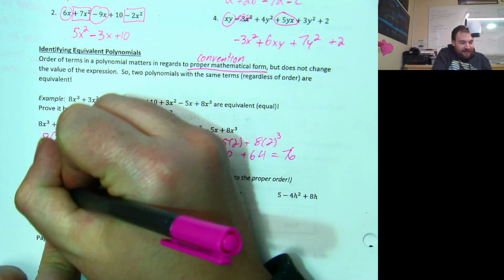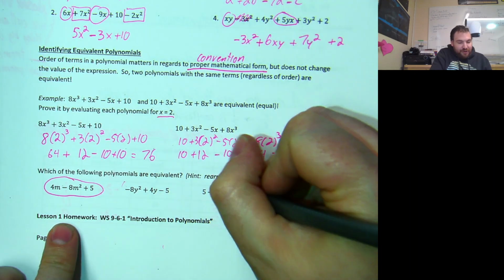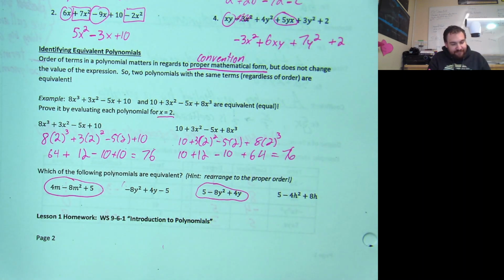The first one and the third one. And those are the only ones. Even though the variables are different, that doesn't change the fact that these are equivalent polynomials.